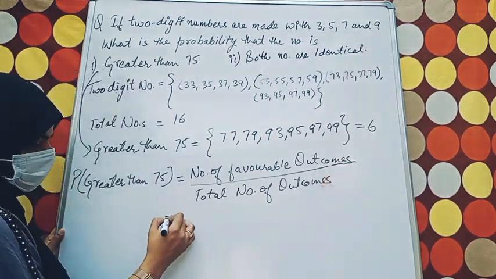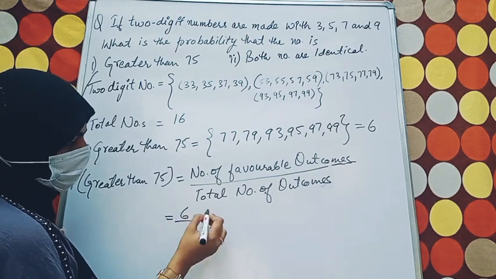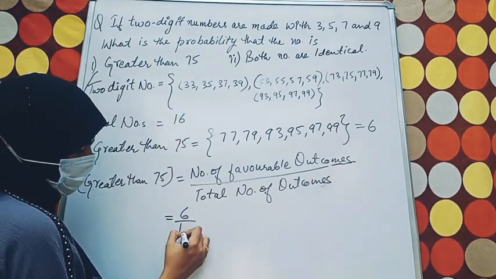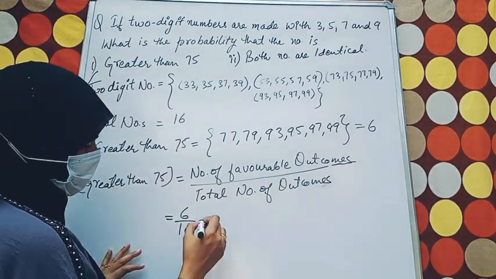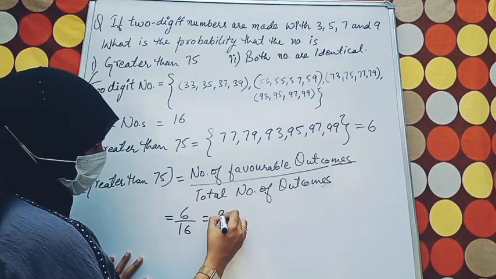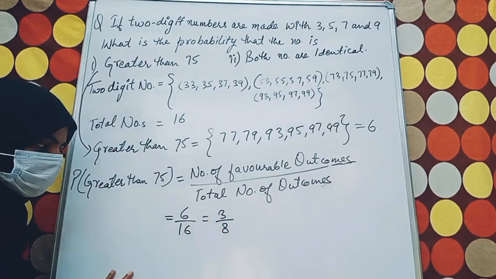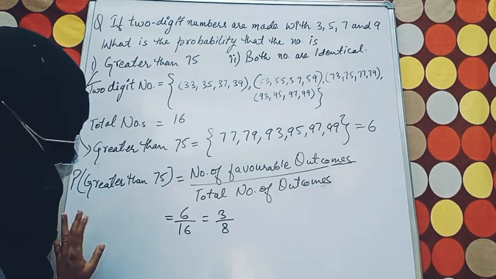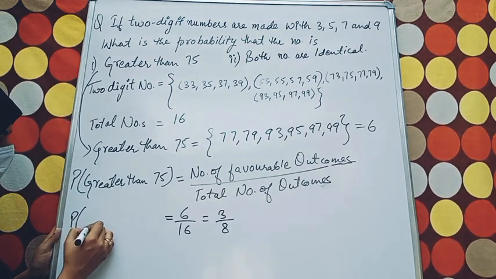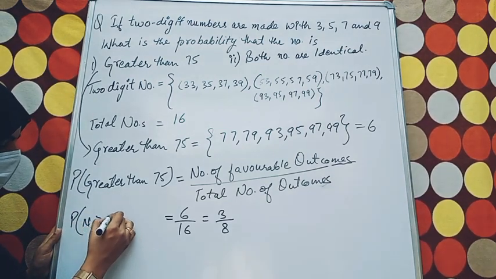So let's have that 6. What is the total number of outcomes? 16. So it can be reduced by the table of 2, 3 and 8. I hope this is clear. Probability for number greater than 75.